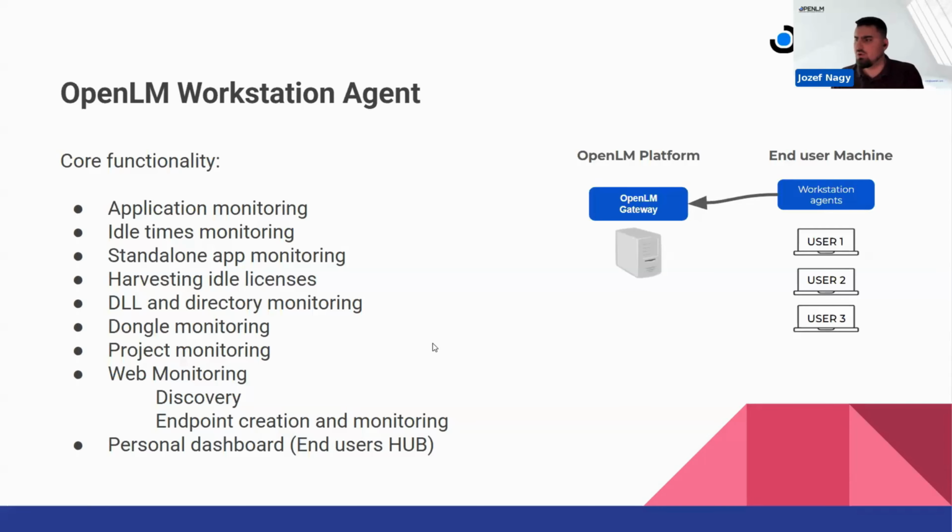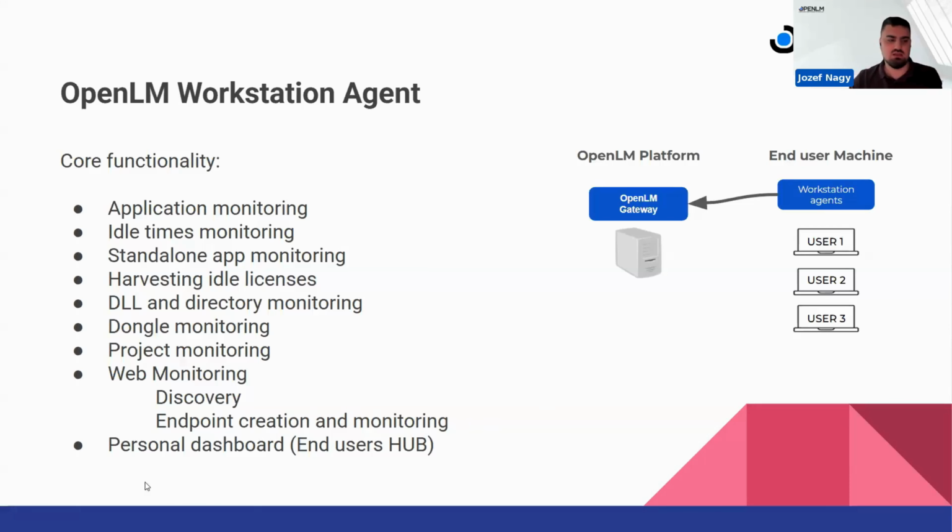It will give you all the information about how many times the web pages were accessed. And based on this information, you can create endpoints. So if you create an endpoint from a specific web page, it will be shown in OpenLM as a separate license manager, and you will see the usage from that endpoint onwards.